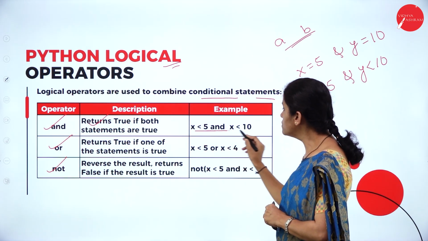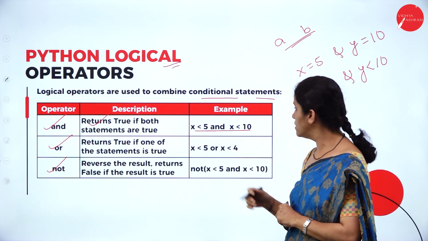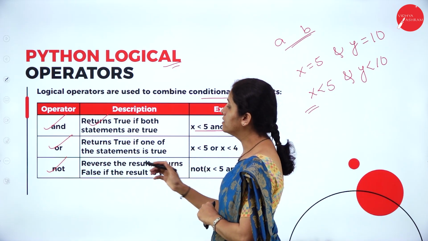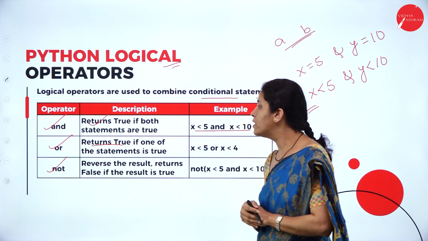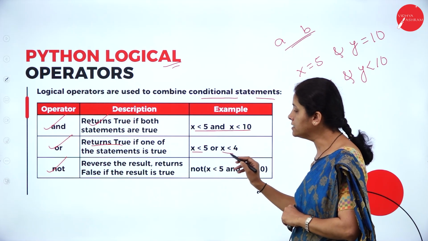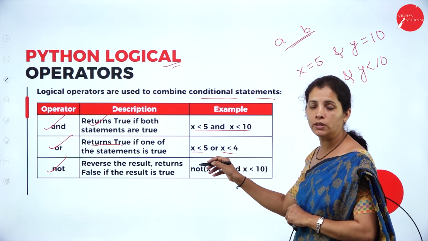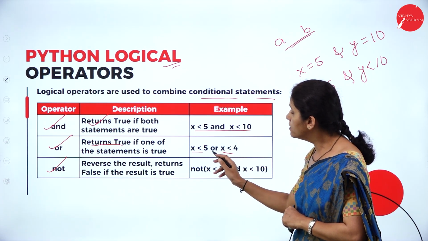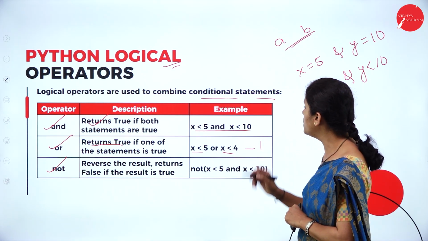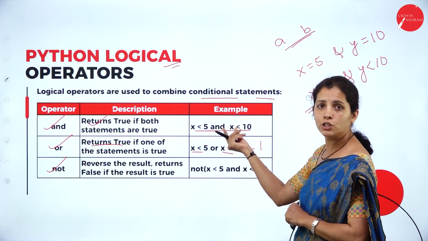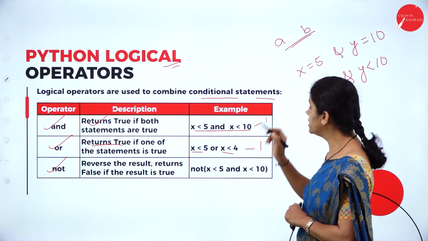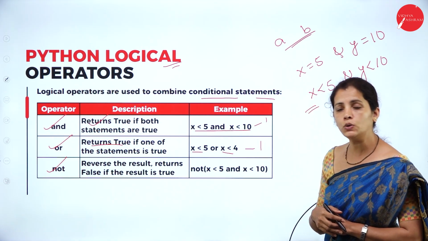So this AND is going to return true when both the conditions are true. And OR returns true if one of the statements is true. See here, I have two statements and it's going to return the value true, that is nothing but one. In this, if any one of the conditions is true, then it's going to return 1. But if I consider the first one, both the conditions must be true, then only it's going to return the value 1. 1 is nothing but true.